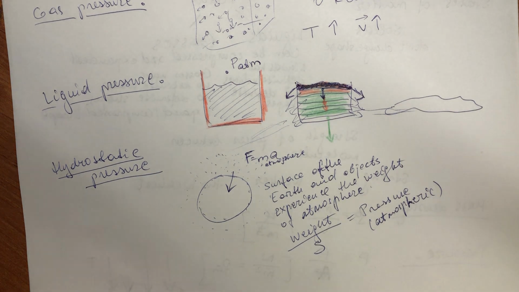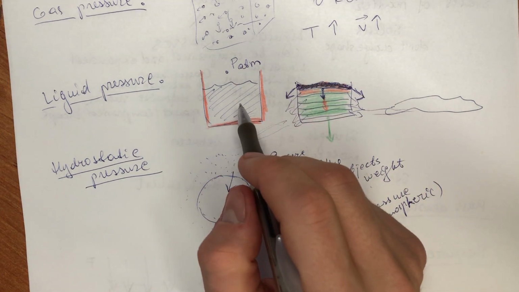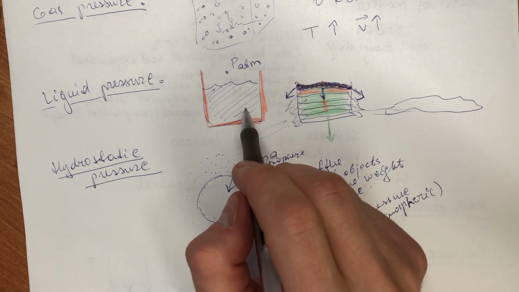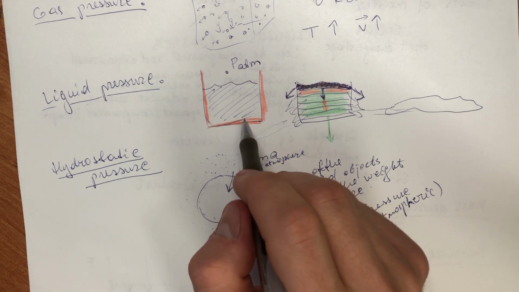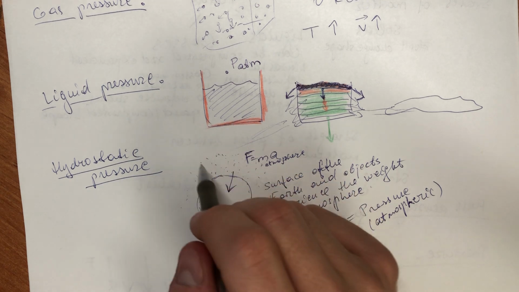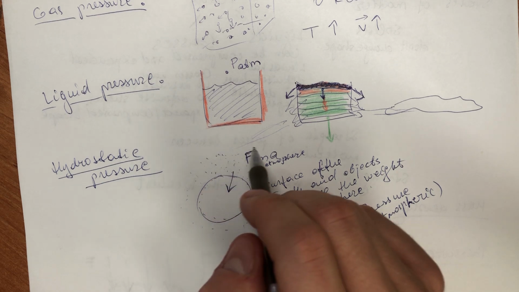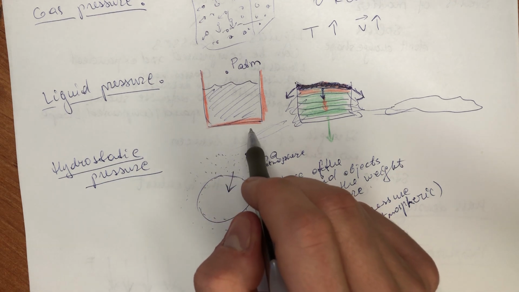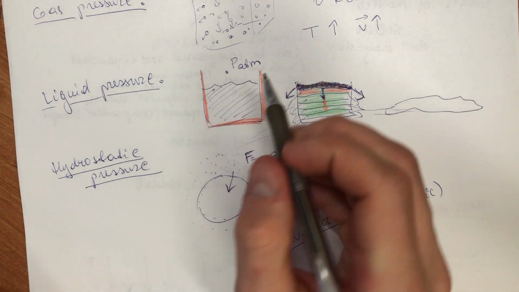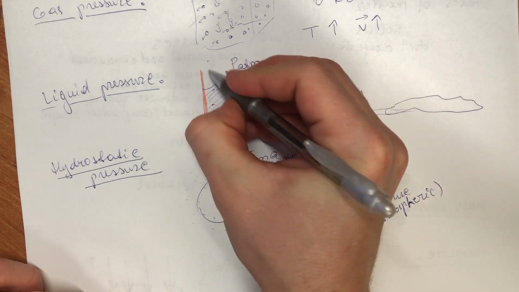So atmospheric pressure is the same everywhere, because in gases and liquids, pressure is the same in every direction. So we can talk about atmospheric pressure here, here, and here, and also here, here, and here.